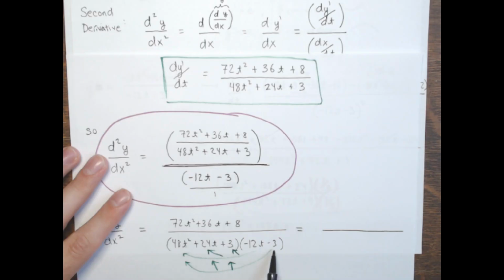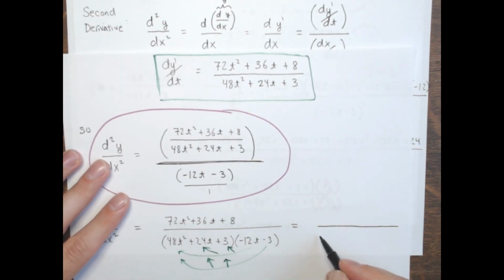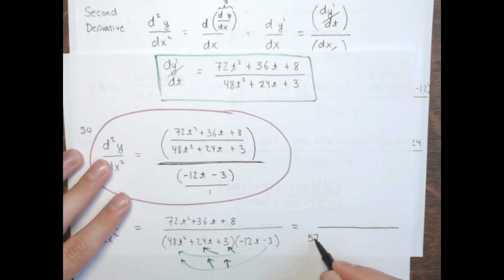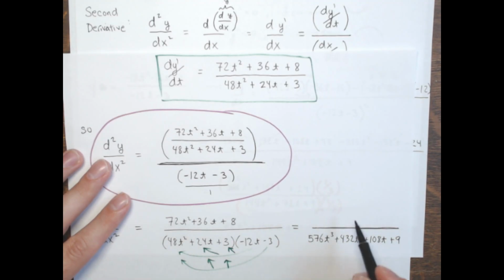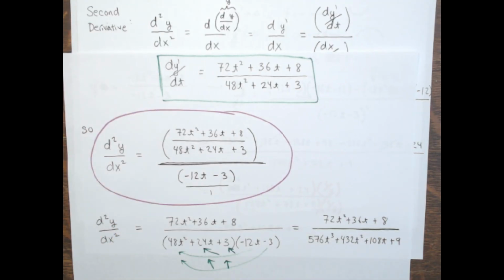But if you distribute this, combine like terms, you'll end up with 576t cubed plus 432t squared plus 108t plus 9. And that doesn't really have any factor common to this numerator, so the numerator is the way it is, 72t squared plus 36t plus 8. There you go. All right, this expression here is what they're asking for.